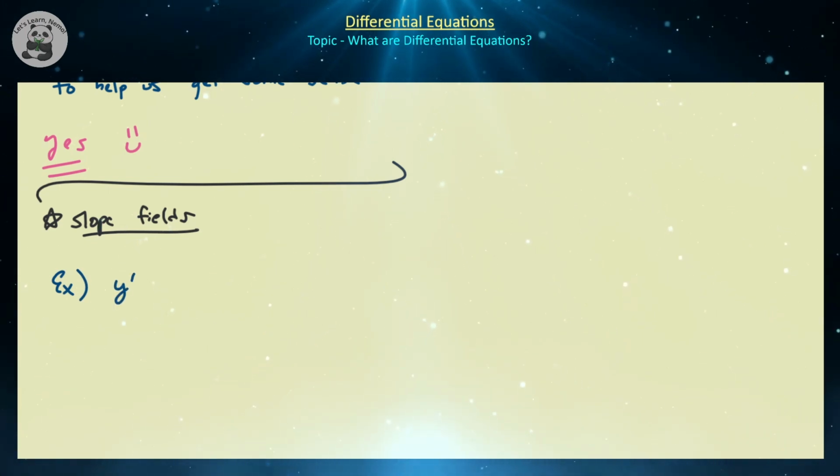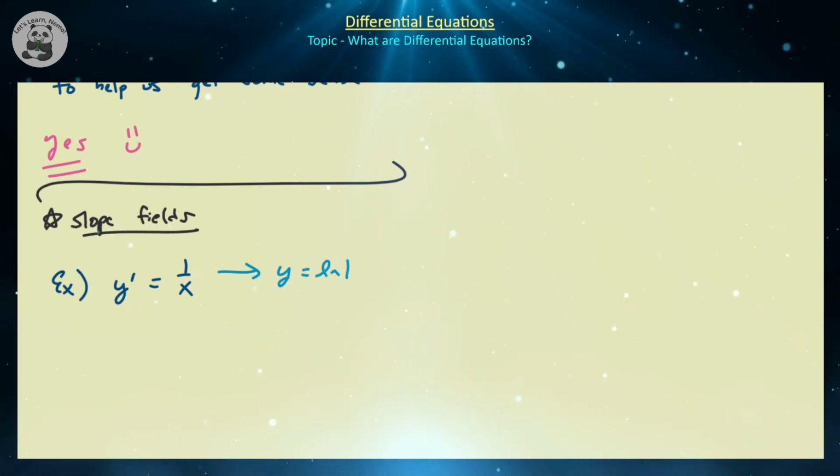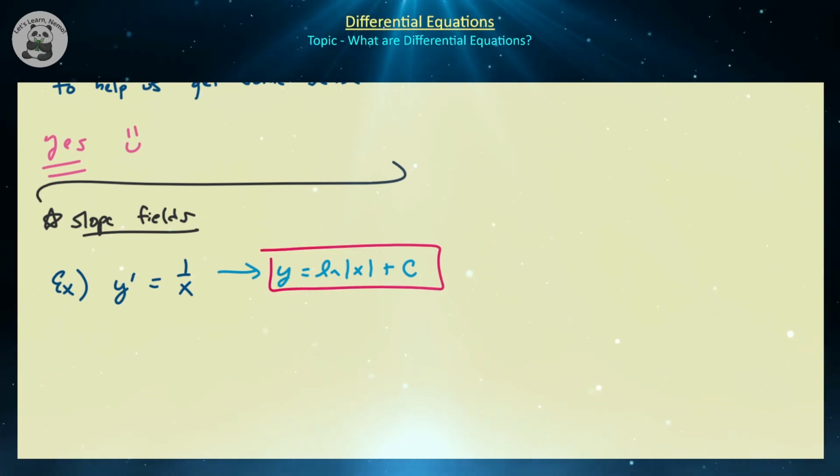Let's look at the differential equation y prime is equal to 1 over x. So we probably should know how to solve this differential equation. This differential equation has the solution y is equal to the natural log of the absolute value of x plus some constant c. But let's pretend that this equation was very, very difficult and you have no idea what this differential equation exactly looks like.